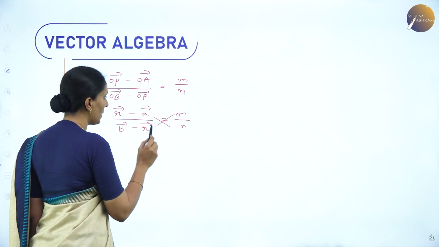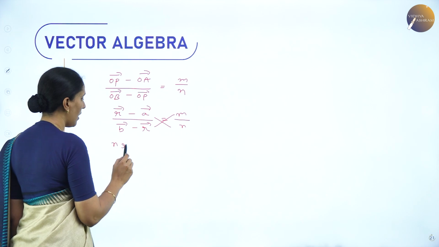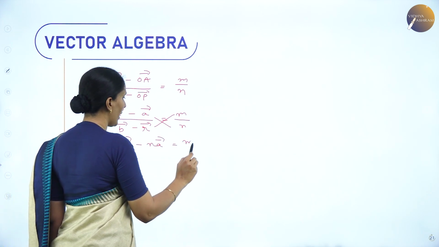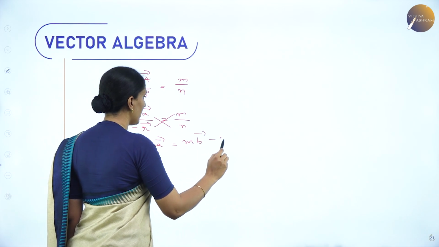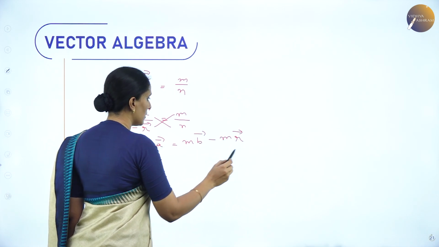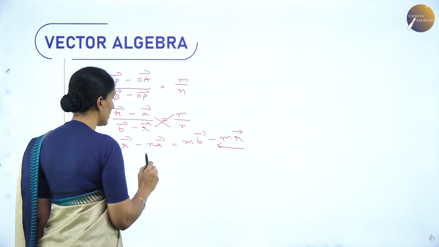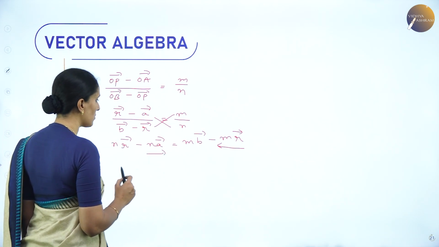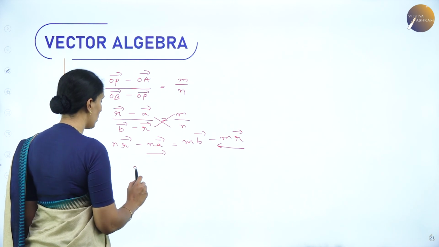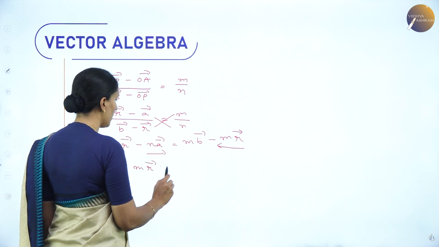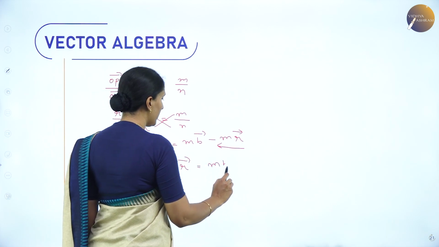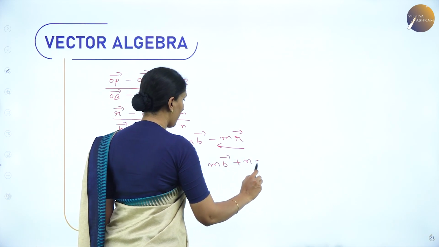So let's cross multiply this. NR minus NA is equal to MB minus MR. Let me shift the second terms on both sides, towards the left hand side as well as the right hand side. Then I'll get the equation as MR plus NR is equal to MB plus NA.